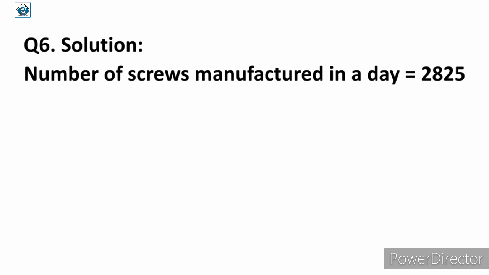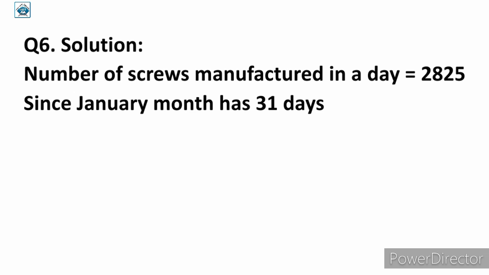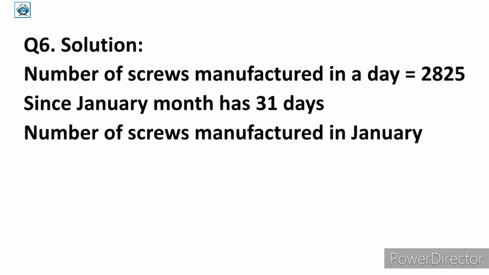According to the question, the number of screws manufactured in a day is equal to 2,825. Since January month has 31 days, number of screws manufactured in January will be equal to 31 multiplied by 2,825.